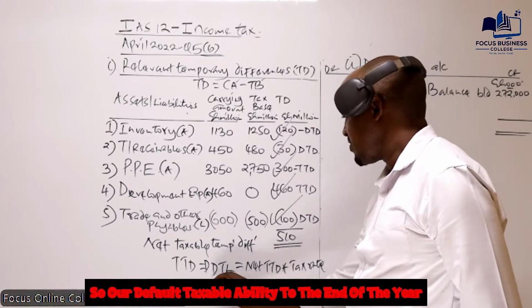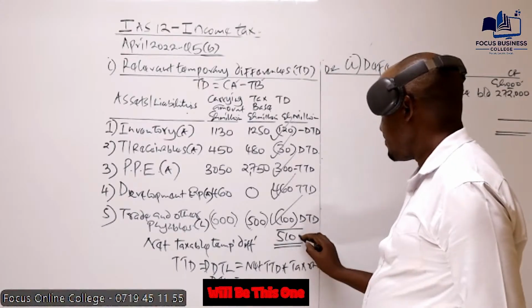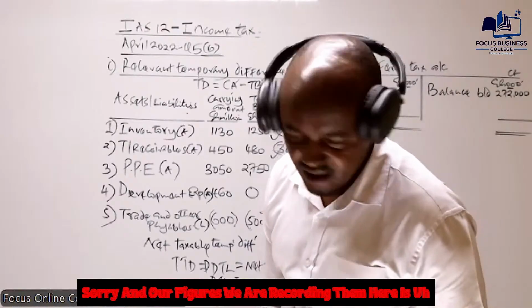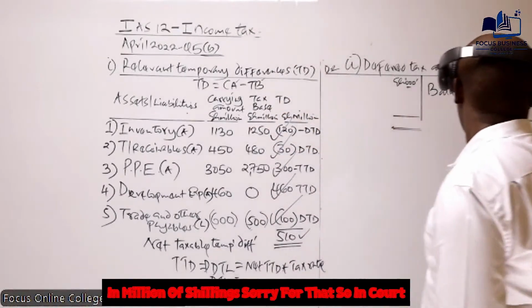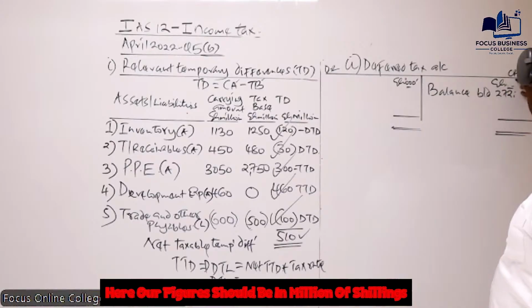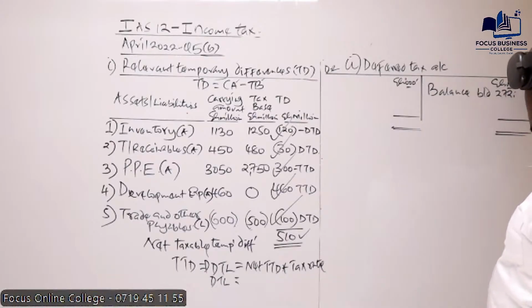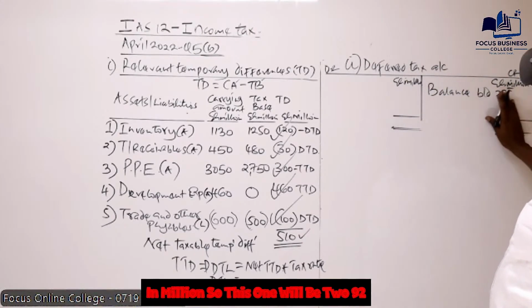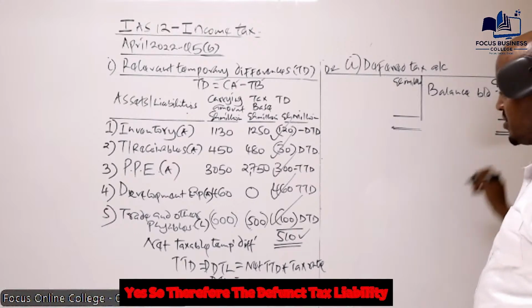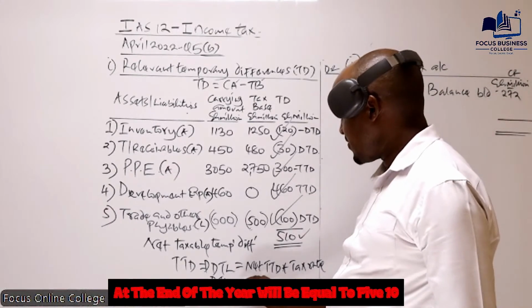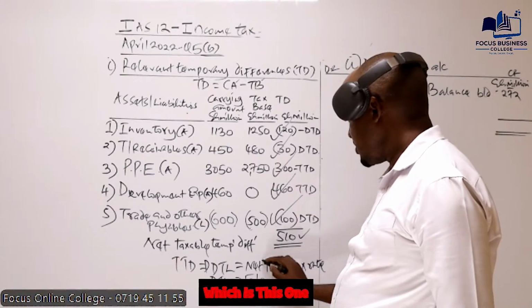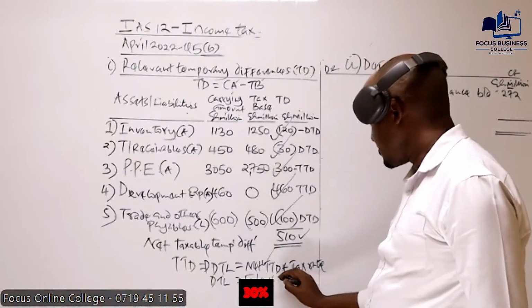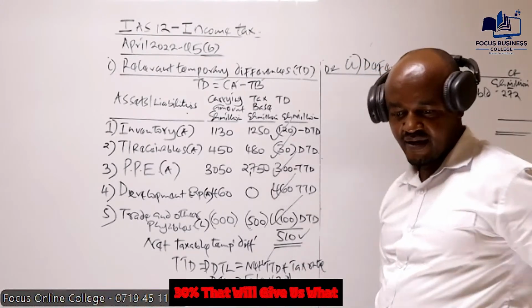Sorry, our figures here should be in millions of shillings, not in thousands. So this one would be 292. Therefore, the deferred tax liability at the end of the year will be equal to 510 multiplied by the tax rate, which is in note number 7, 30%. That will give us what?